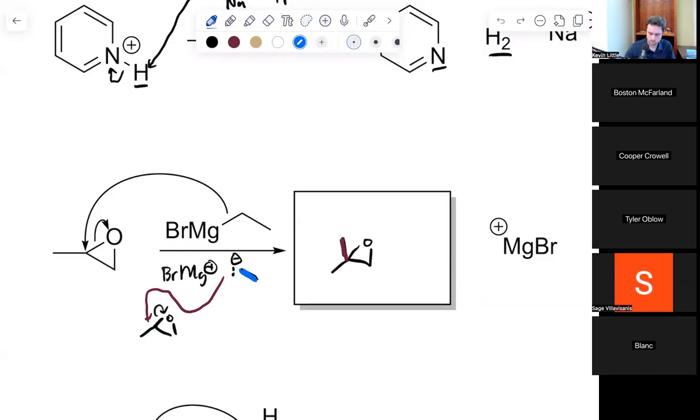So those two carbons added into this carbon. Then this second arrow, this arrow here, shows the bond between this carbon and oxygen breaking. And it also shows the oxygen gaining electrons.